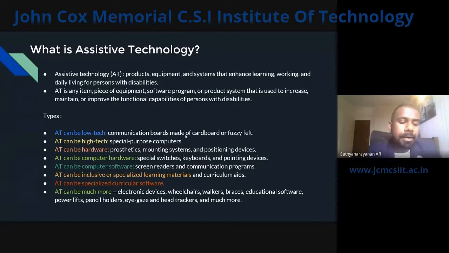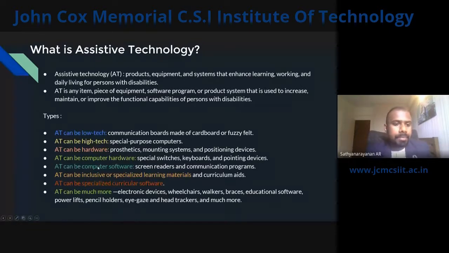That's really important. Various tech giants are coming up with inclusive design. These are different types of inclusive design: low tech, high tech, hardware-based inclusive, mounting devices, positioning devices, computer hardware and software.